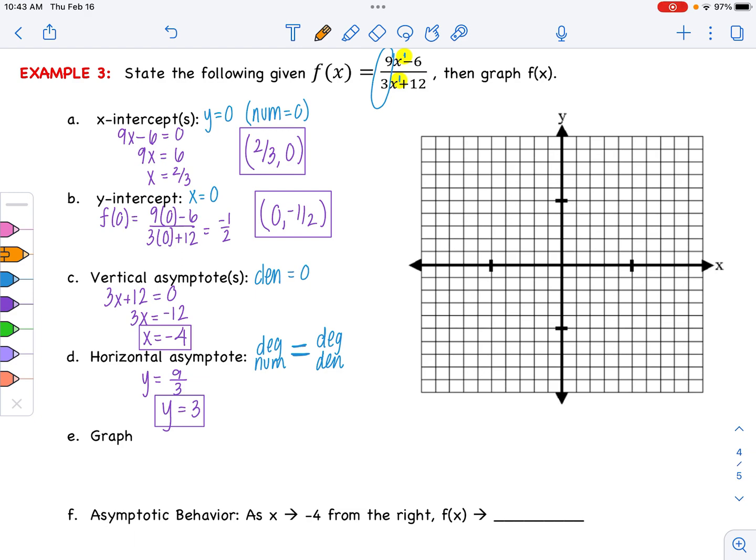Now we're going to graph each part. So start in order. I like to do that. X-intercept (2/3, 0). Check. (0, -1/2) for my y-intercept. x equals -4. Check. y equals 3.